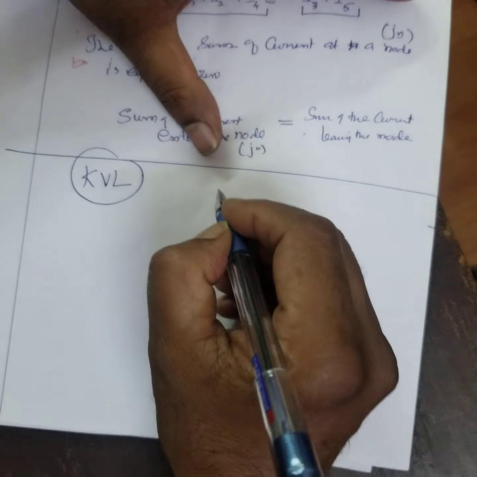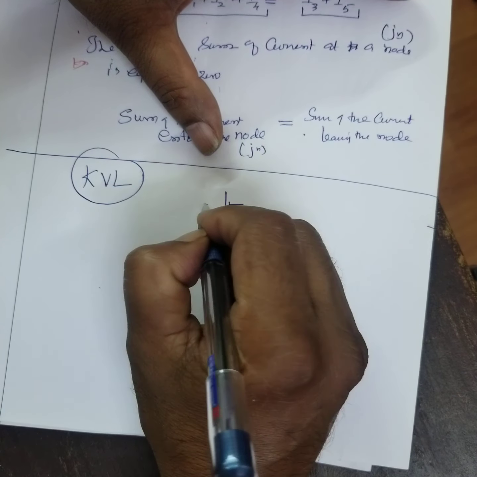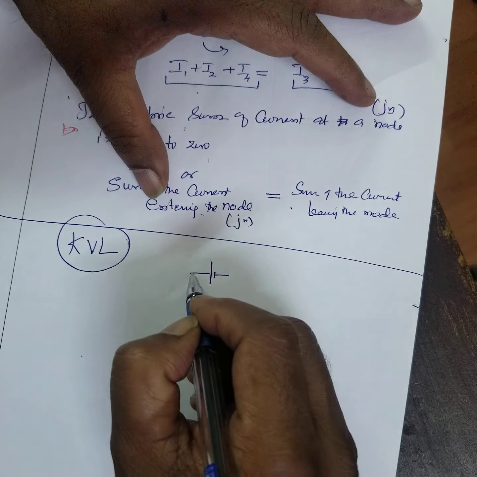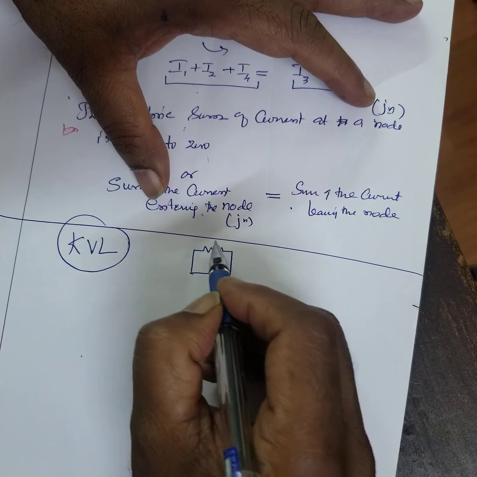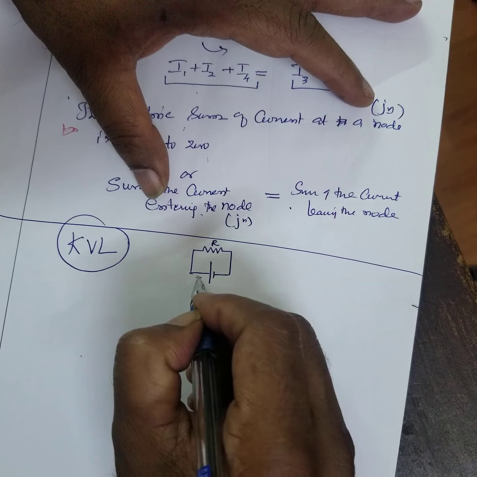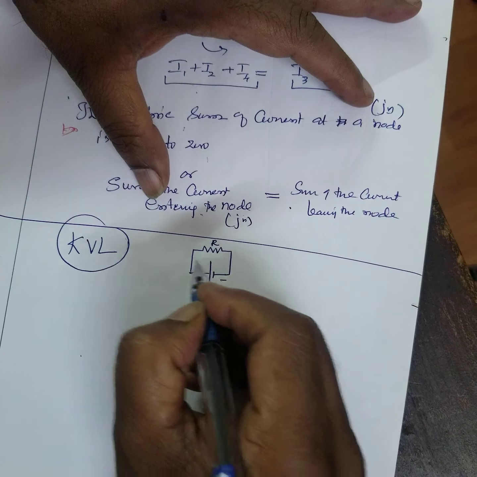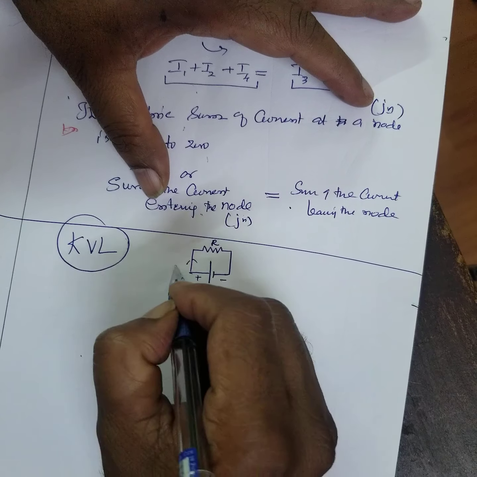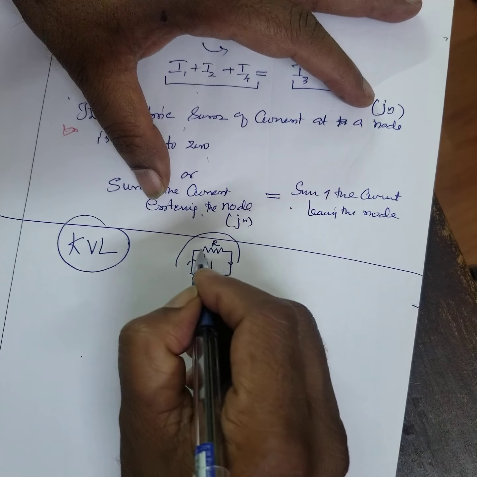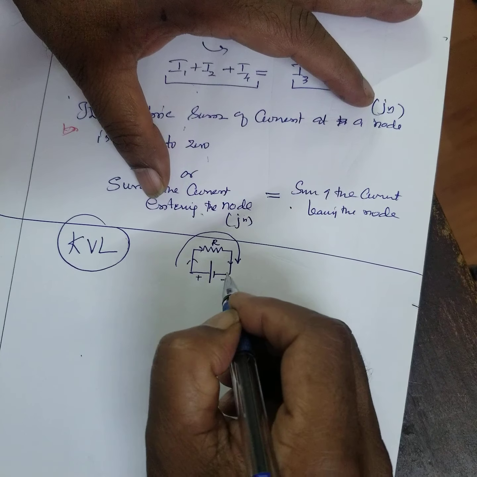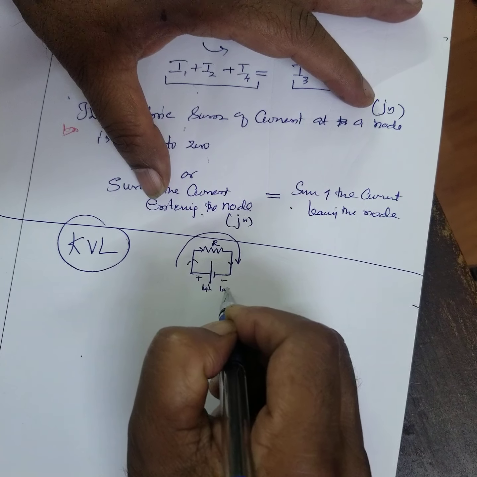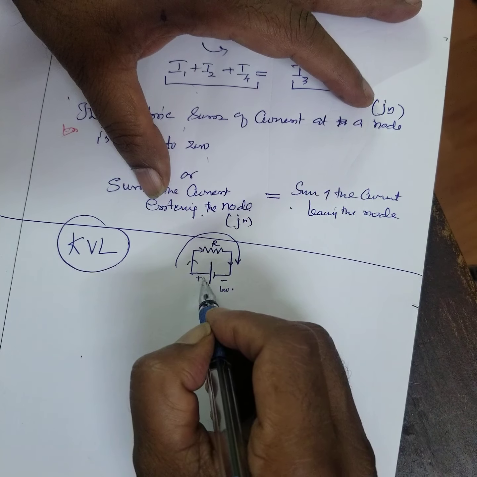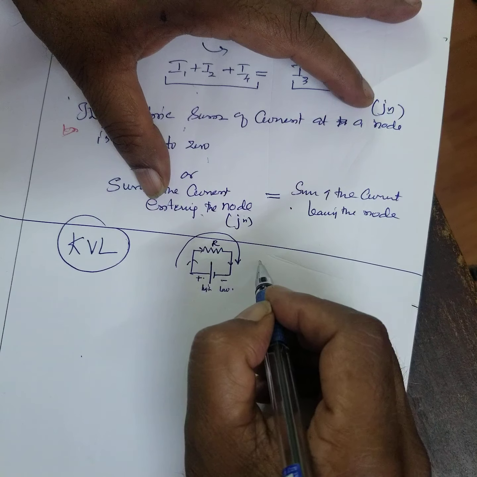One thing to remember: if you have a battery and a resistor, current flows from positive to negative. You have a high potential and a lower potential, positive high potential and lower potential.